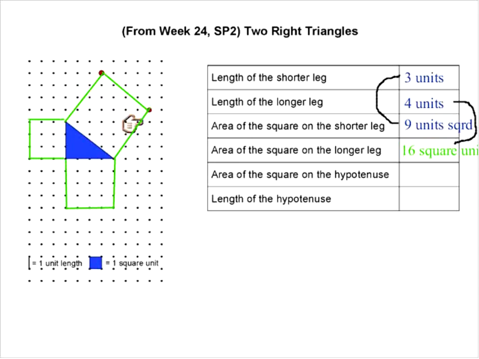How can we determine the area of this square? I'm just waiting for the chat box to see your responses. And if you already have an idea, you can go ahead and do this on your student pages, and then you can type in the answer in the chat box for us.